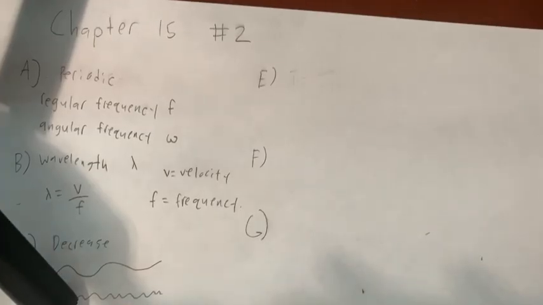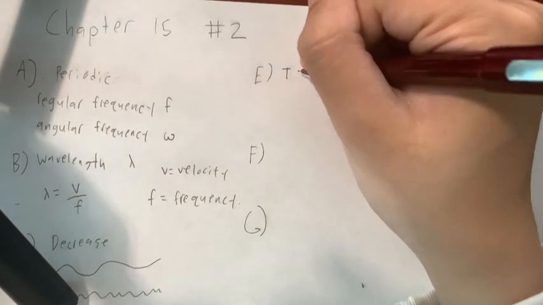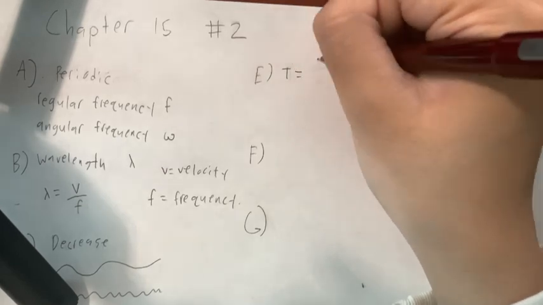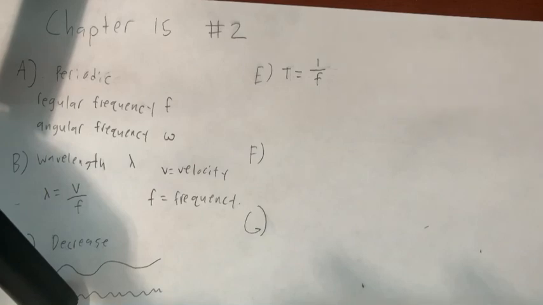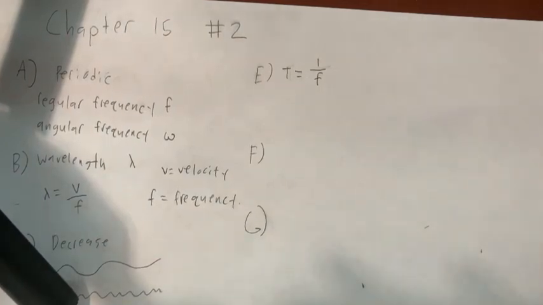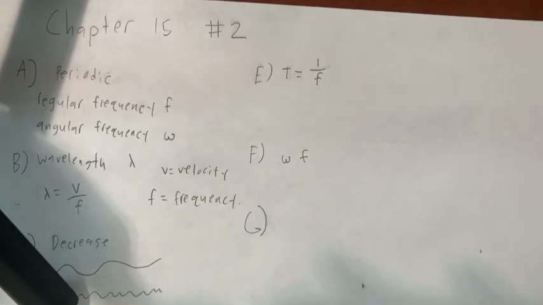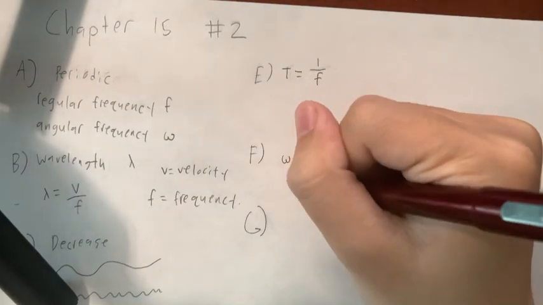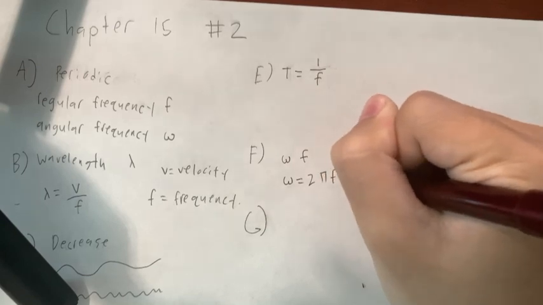In order to find the period of a wave, we can use T to represent the period of a wave and use the expression 1 divided by regular frequency, since there are no angles involved. An expression that would represent the relationship between omega and f would be omega equals 2 pi f.